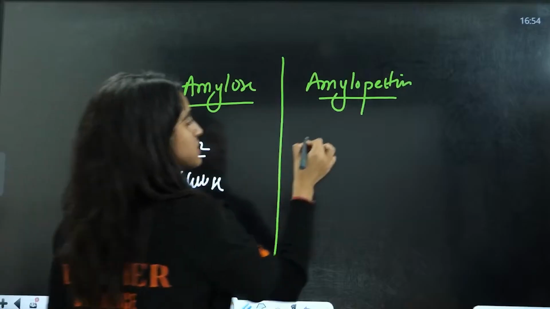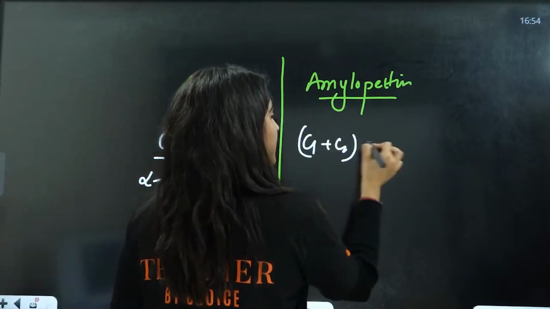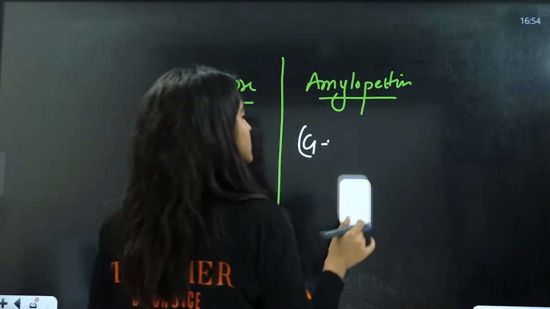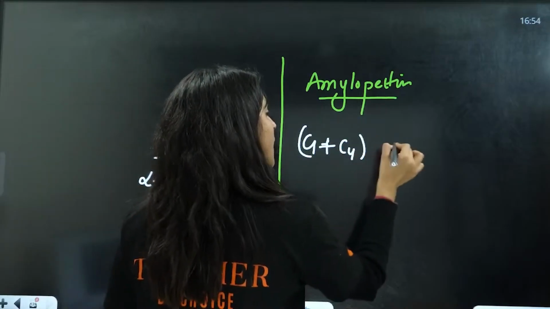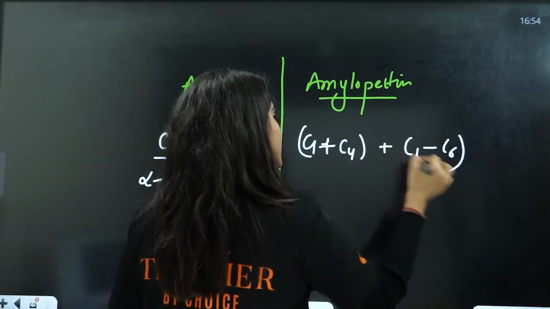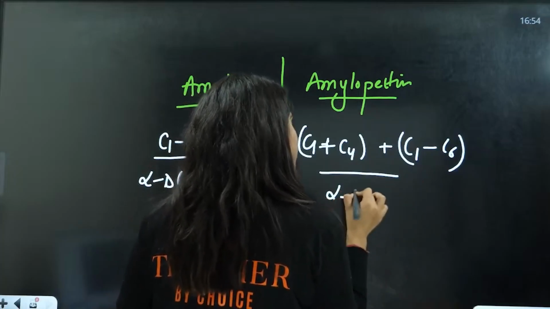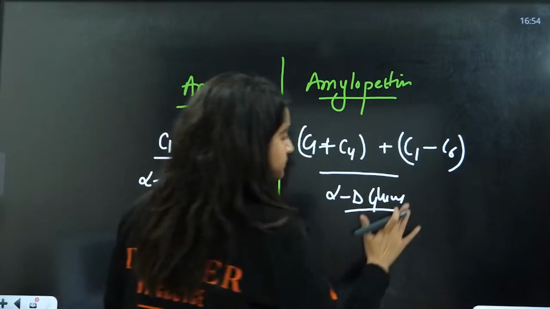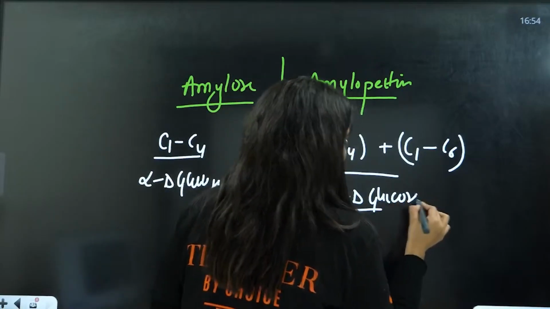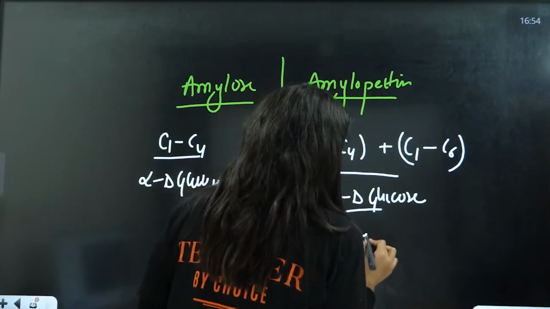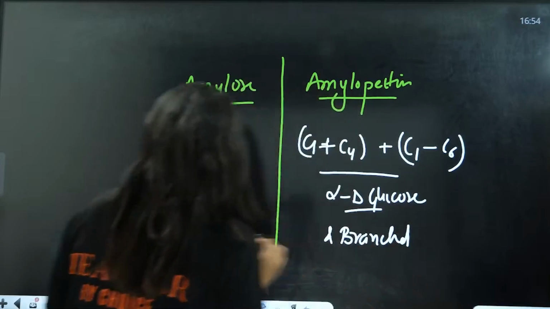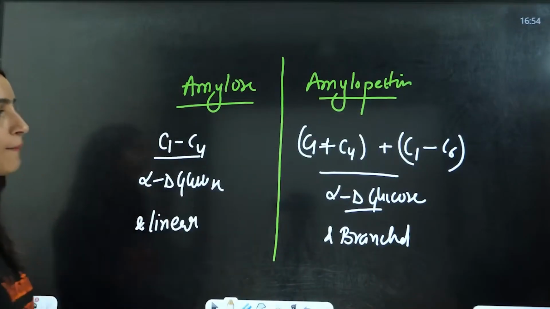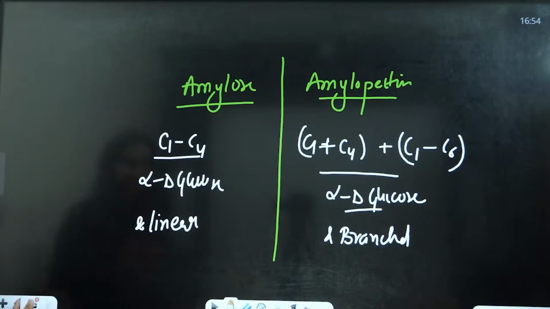Amylopectin has C1, C4 linkages plus C1, C6 linkages of alpha D glucose, and this is branched. Amylose is linear. Understood this?